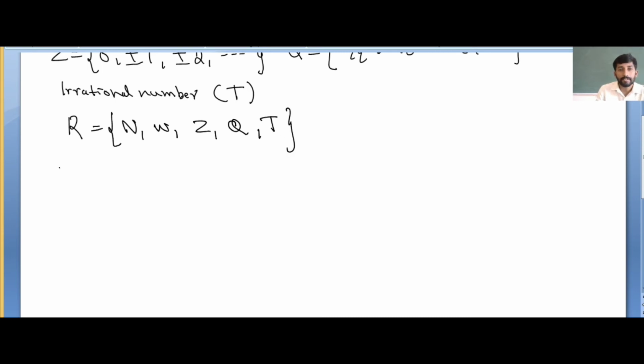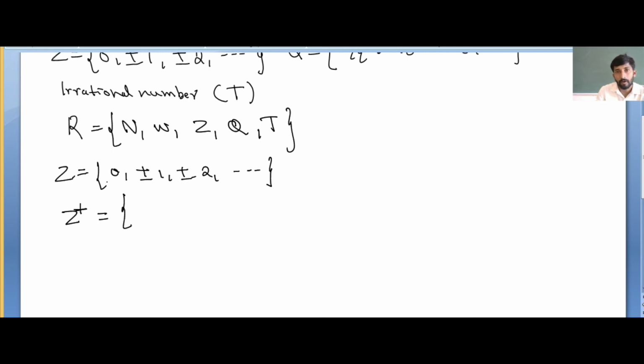Consider the integers, Z, equal to 0, plus or minus 1, plus or minus 2, up to infinity, the set of all integers. Here, Z plus represents all positive integers. What are the positive integers? 0 is there.